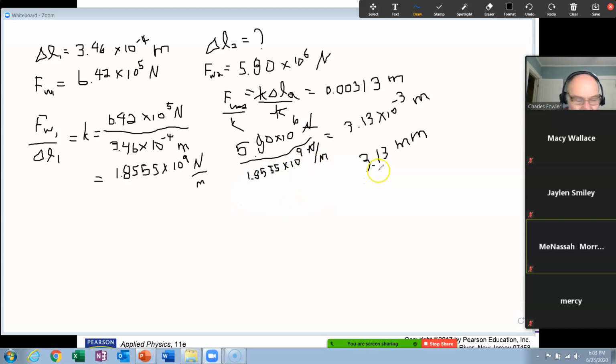It's only the answer you need to round. And so they got 3.12 times 10 to the minus 3 meters, which is 3.12 millimeters. All right. Does that make sense? I know I was using some magic there, but it really was legitimate. You see, my doing it my way got the same answer as they did.